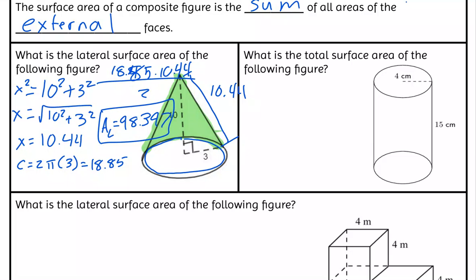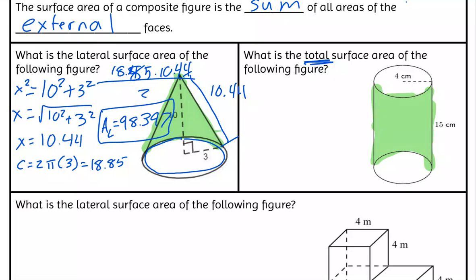Well, next, they want me to find the total surface area. Since I'm trying to find the total surface area, that includes both of my bases. Well, to find, first off, just the lateral area, what I've got to do is find just the soup can label. Okay, I need to find out how much is just the soup can label.